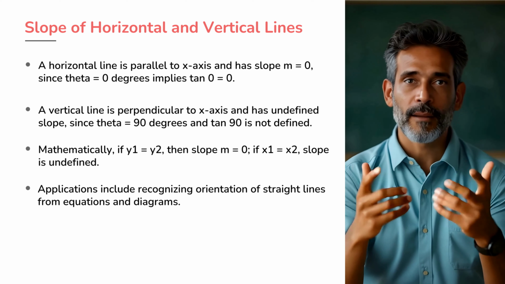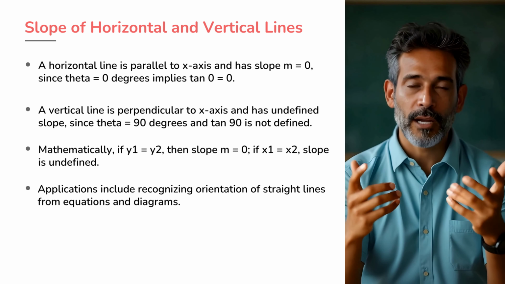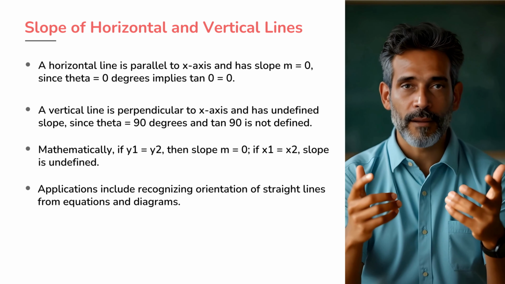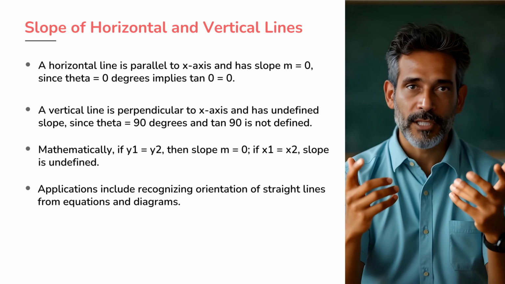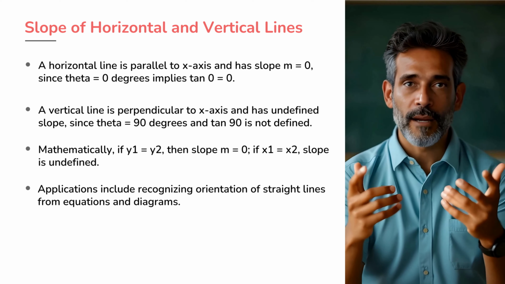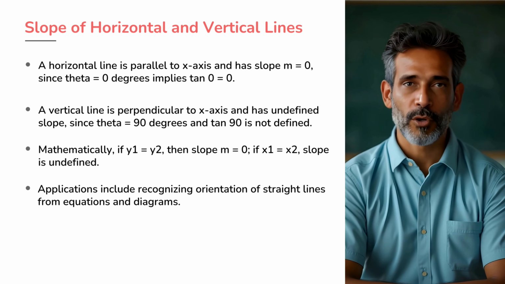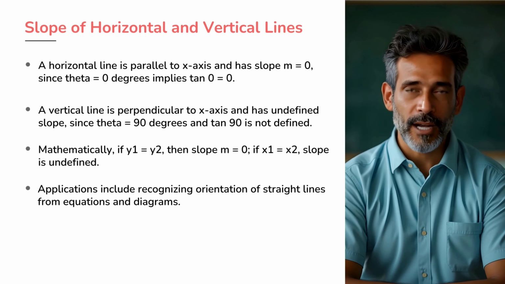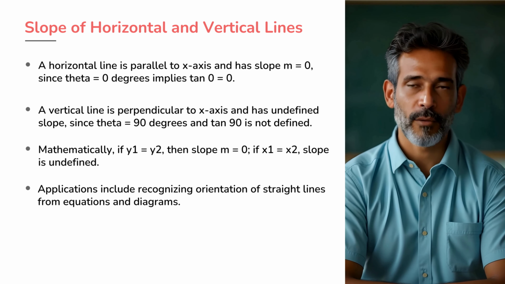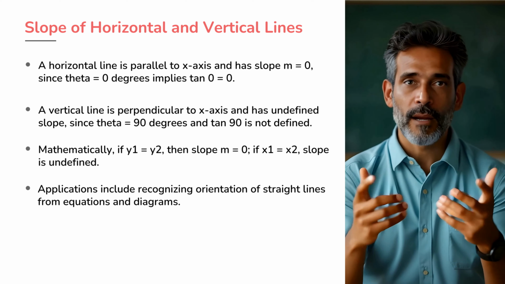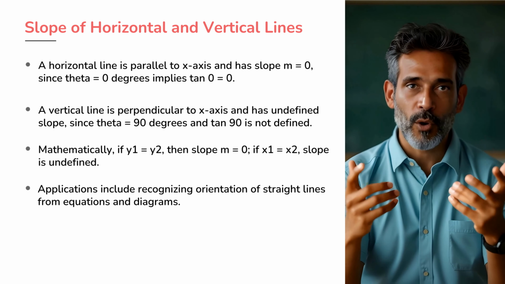Simple as that. On the other hand, a vertical line stands straight up and down, perpendicular to the x-axis. The angle theta is 90 degrees and as before, tan 90 degrees is not defined. Therefore, the slope of a vertical line is undefined. Mathematically, if y1 equals y2, slope m is 0, that's horizontal.